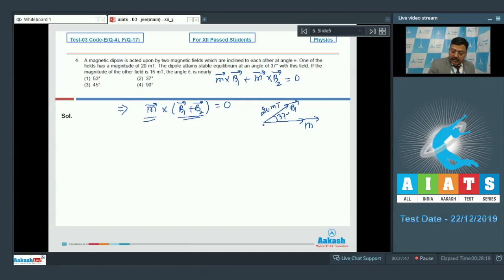So that means we can imagine B2 to be somewhere here, is directed somewhat like this. So if the torque by B1 is in the anti-clockwise sense, the torque by B2 is in the clockwise sense. Now this magnitude is 20 millitesla, this magnitude is 15 millitesla. Let's say this angle is theta.